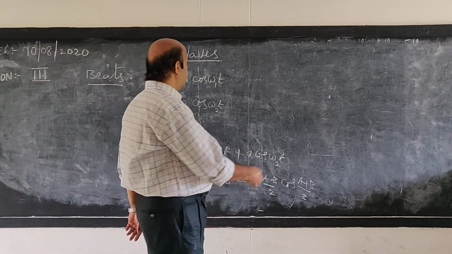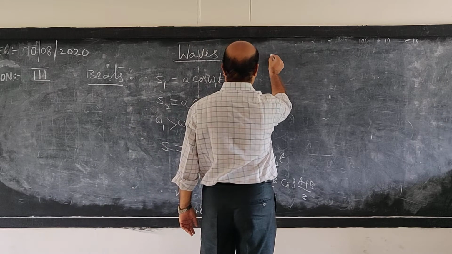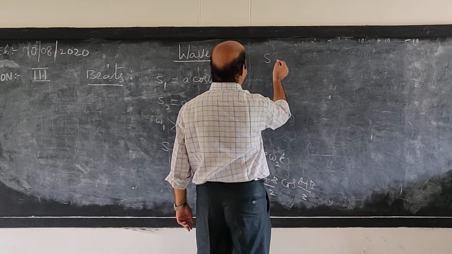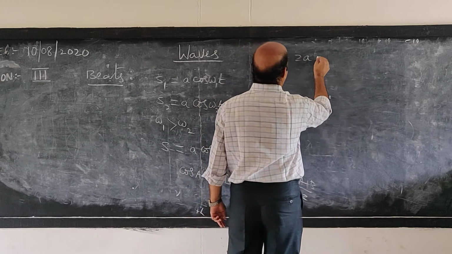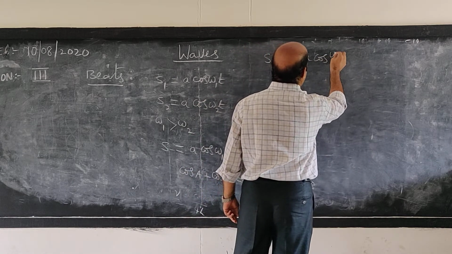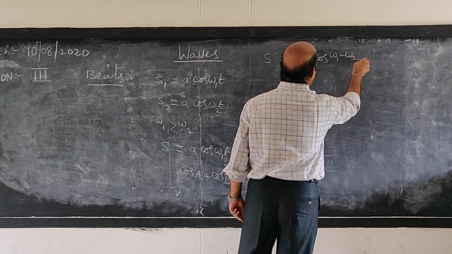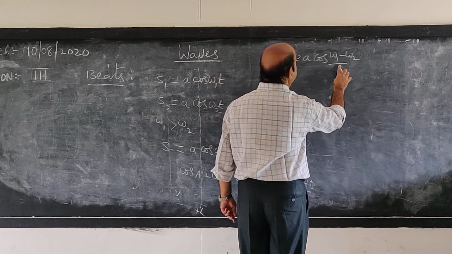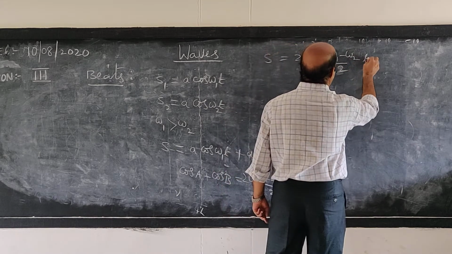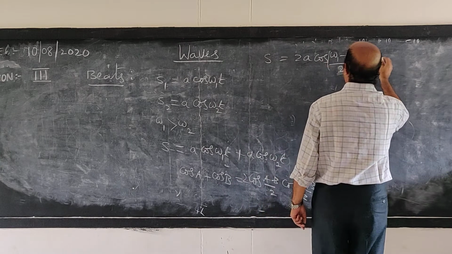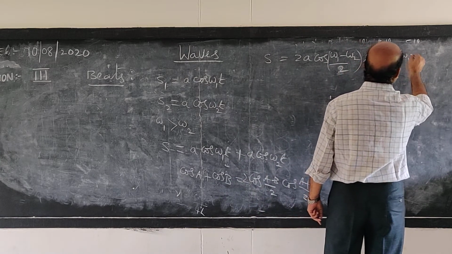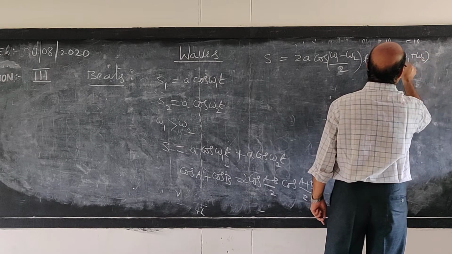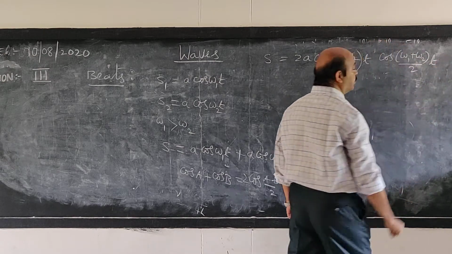So the resultant wave is given by 2A cos((omega 1 minus omega 2) by 2 times t) times cos((omega 1 plus omega 2) by 2 times t).